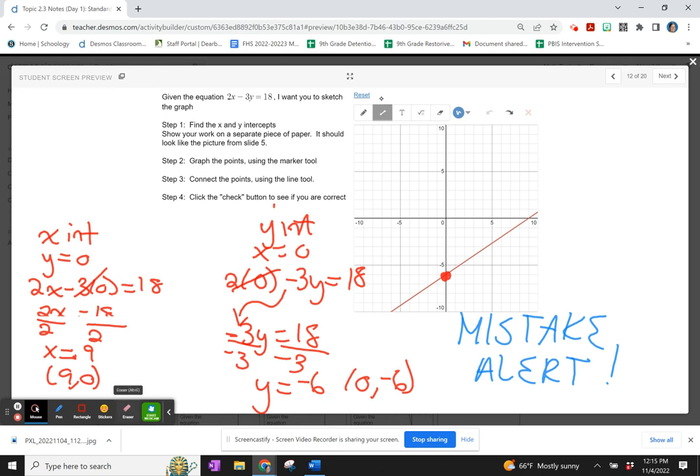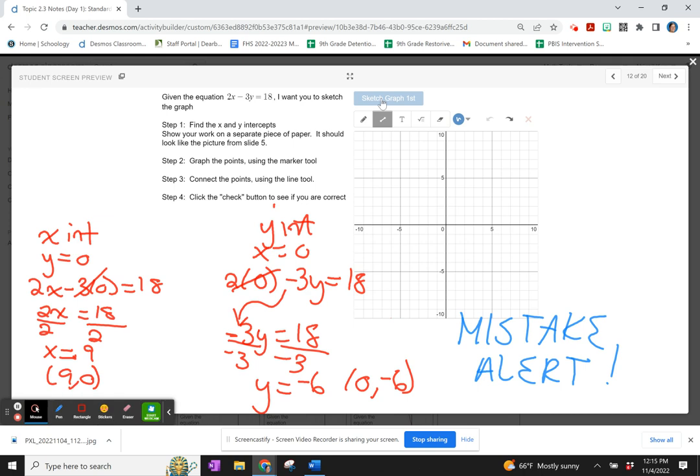So, what happens if I, let's say, graph this point, 9 comma 0, and that's right, okay? But then let's say I forgot about this negative sign, negative, negative, negative, and all of a sudden I get a positive. 18 over 3 is a positive 6. So then I plot it at positive 6, and then I connect the points.